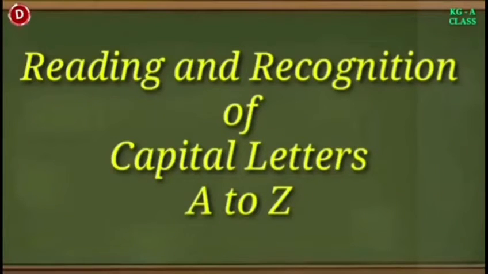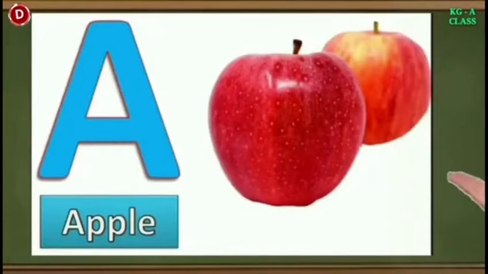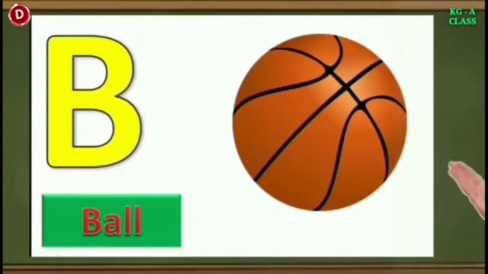Children, now let's learn and recognize capital letters A to Z with pictures. So let's start, children. You also speak with me. Now look here, children. This is capital A. A for apple. Now comes B. B for ball.